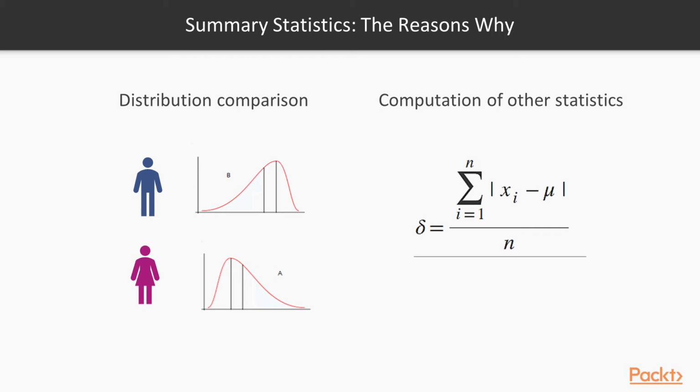Another useful use is for the computation of other statistics. We are not going to get into details of these here since this is out of scope of this course. But since summary statistics are able to summarize distributions, they are often used to perform tests on those distributions.